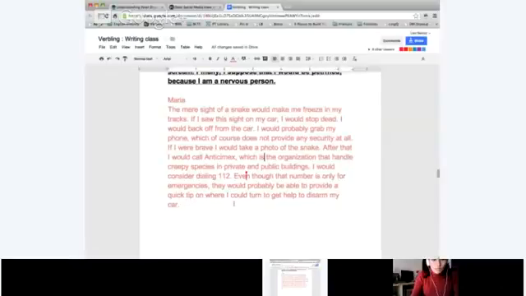Okay, good. The mere sight of a snake would make me freeze in my tracks. If I saw this sight on my car, I would stop dead. I would back off from the car. I'd probably grab my phone, which of course... If I were brave, I would take a photo.